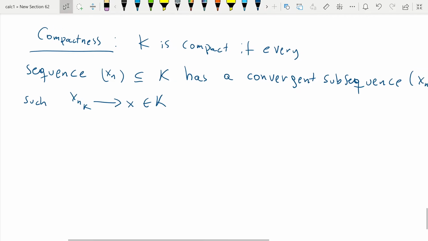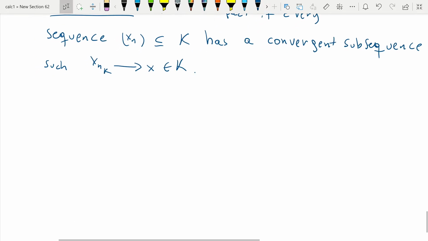Whenever you have any sequence completely contained within K, we can find a subsequence that is convergent and whose limit, the point it is converging to, is in K, then the set is compact.